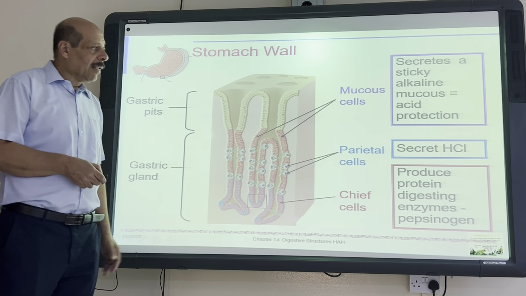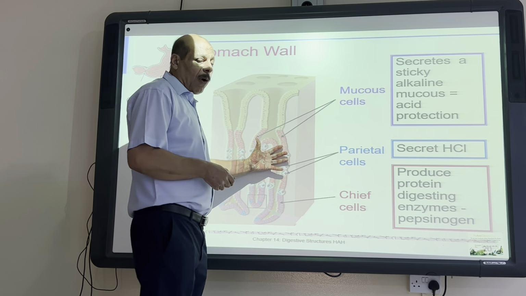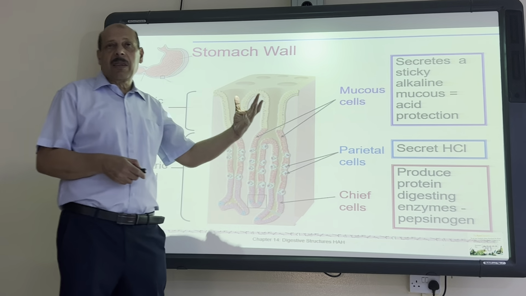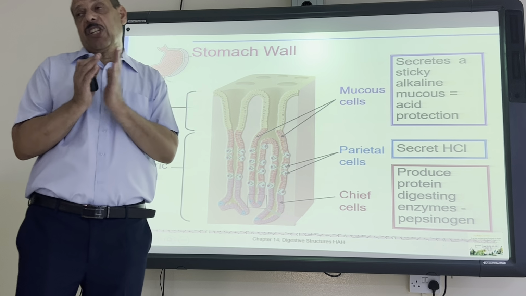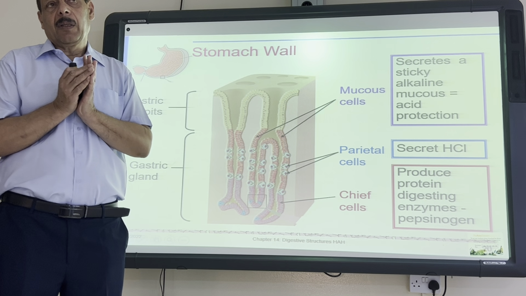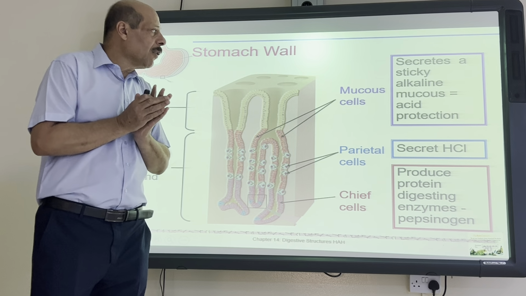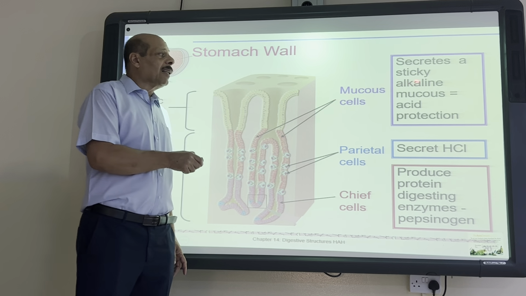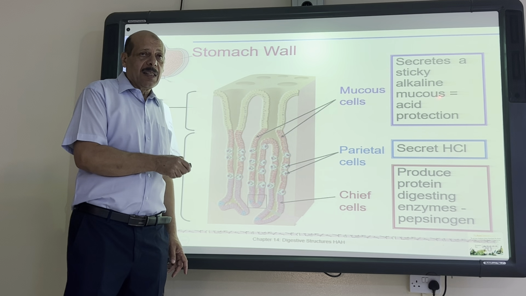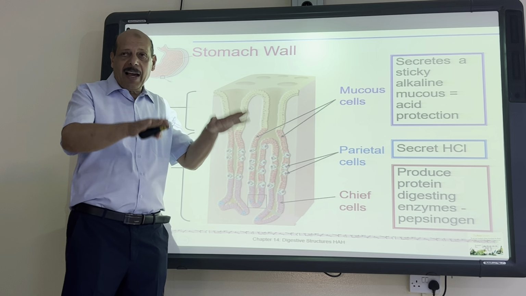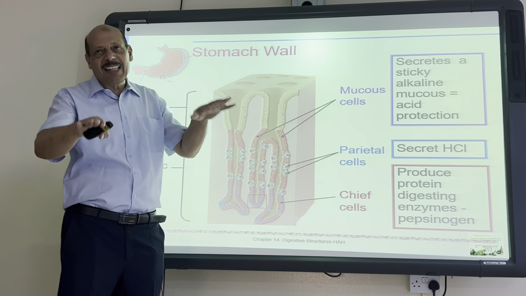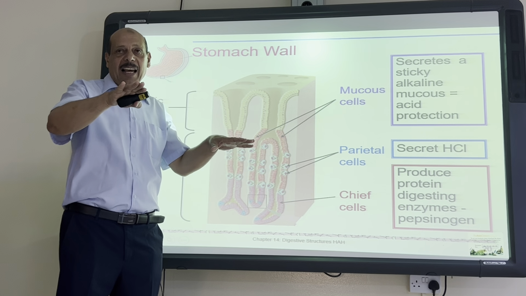So again, from the wall of the stomach, there are three main secretions. One of them from the mucus cell, which is alkaline mucus, that will give a balance between the acid and the alkaline.